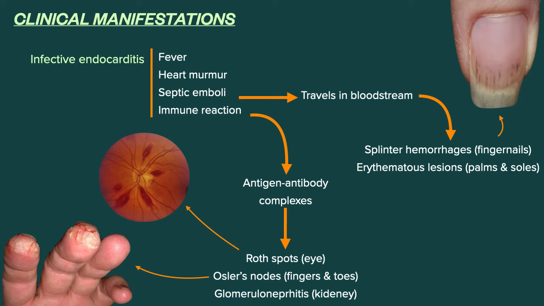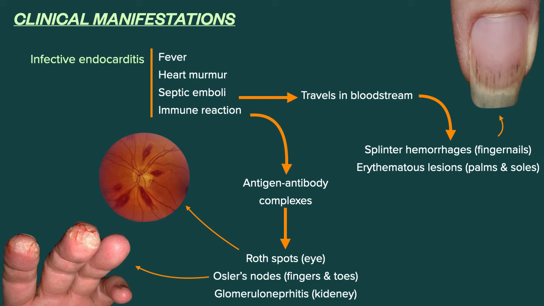Sometimes the vegetations can detach from the valve, and little clumps of pathogens called septic emboli can float through the bloodstream. These guys can lodge under the fingernails, causing splinter hemorrhages, or in the palms and soles of the feet, causing small, painless, flat, and erythematous lesions that we call Janeway lesions.